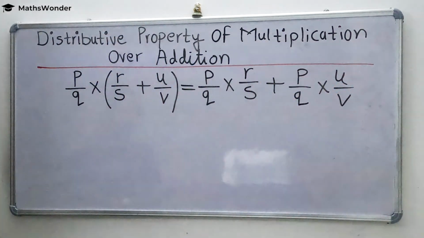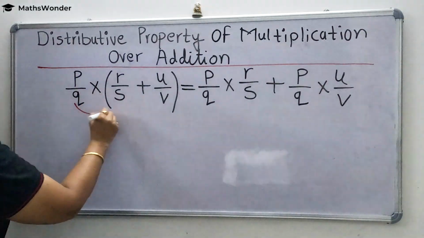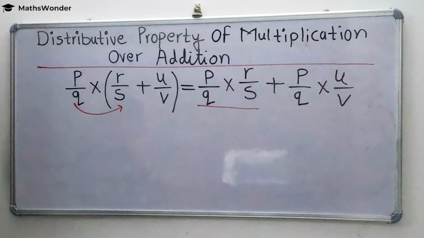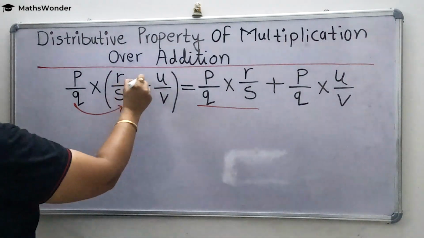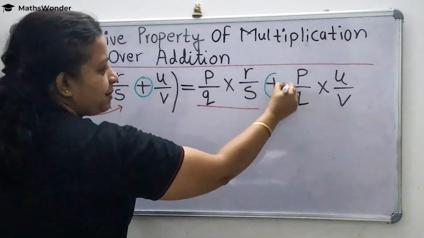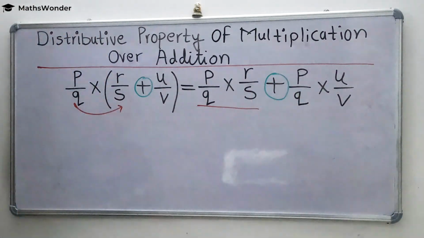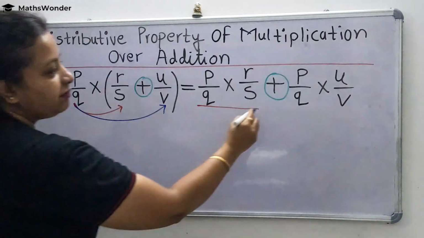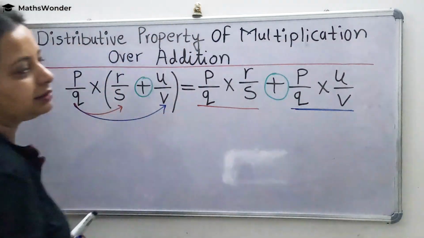This is the format. How does it come? You will multiply P over Q with R over S first, so this will be a part of it, and then the addition sign is here. You will put the same addition sign, and then again multiply P over Q with U over V and you get this part.